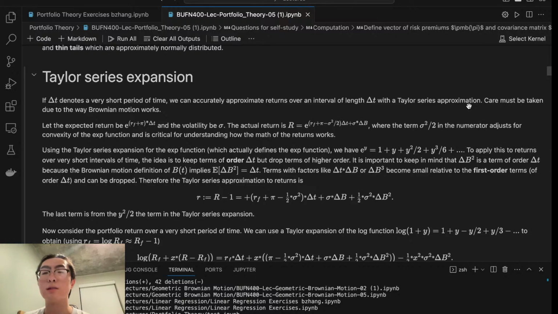Okay, so is that geometric Brownian motion, or is that regular Brownian motion?